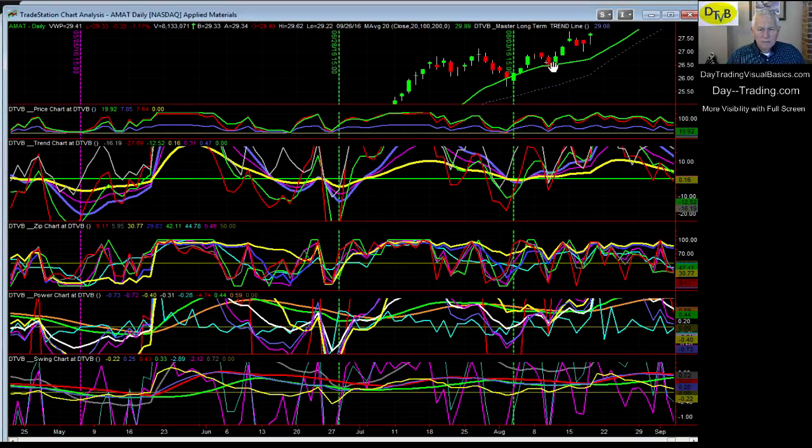I personally would have gotten out on one of these, over the first or the second day, and then waited for this down spike on the 5th day after the trend red went down under zero. That is a classic 5-day or 6-day right angle large pattern trend red pattern that usually indicates a stronger uptrend. And this is a $26, $27 stock right now, so you can see the movement.